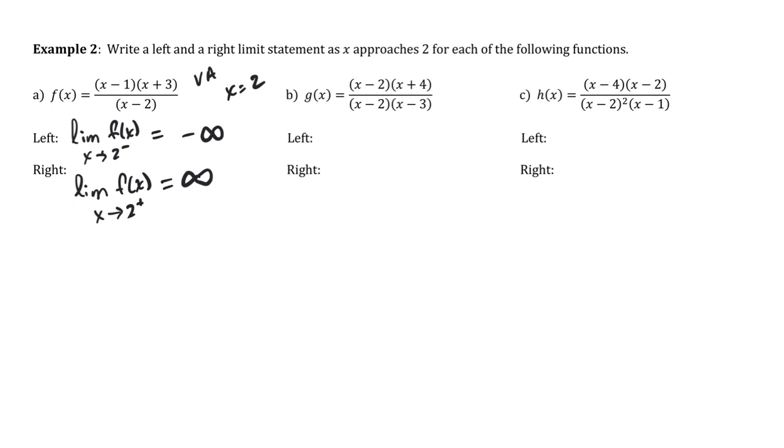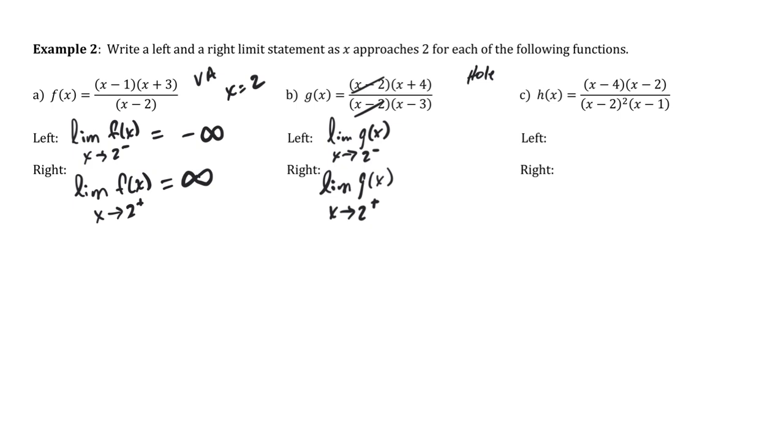So remember, we're looking to give me the limit as x approaches 2. So we're going to do the same thing. Limit of g of x as x approaches 2 from the left. Limit of g of x as x approaches 2 from the right. All right, so it's all factored up for me. I can actually cancel things out this time, which means this time it is a hole at 2, right?